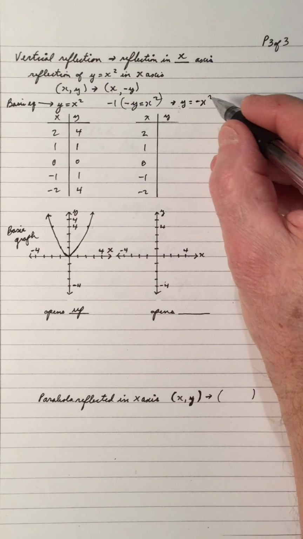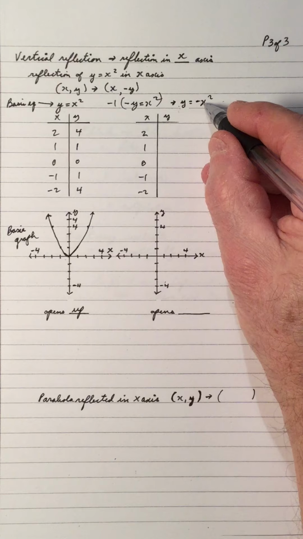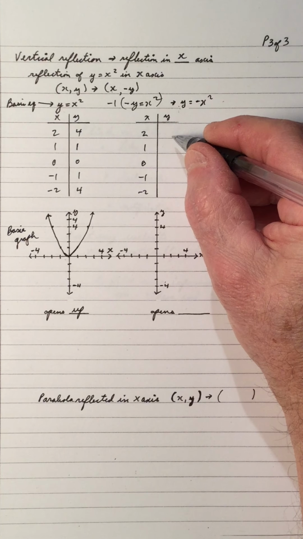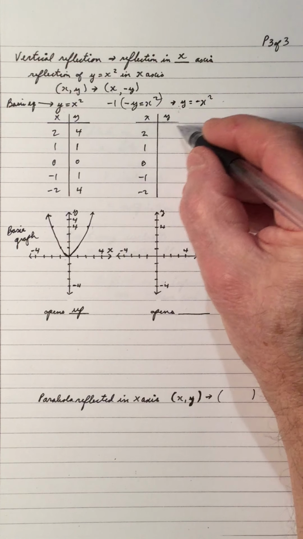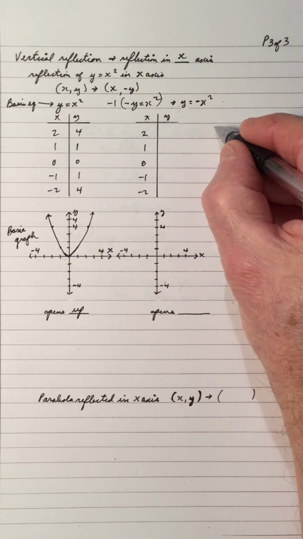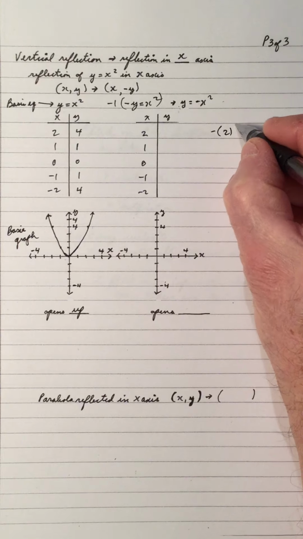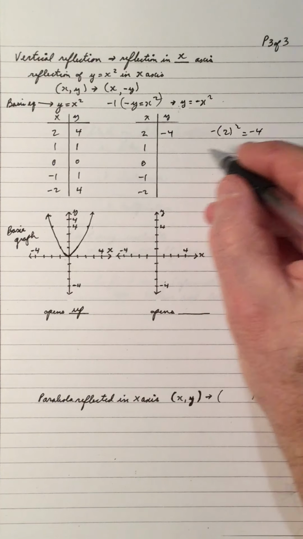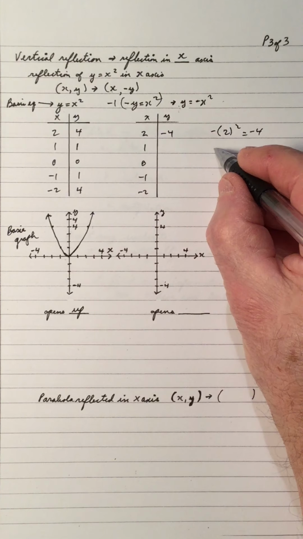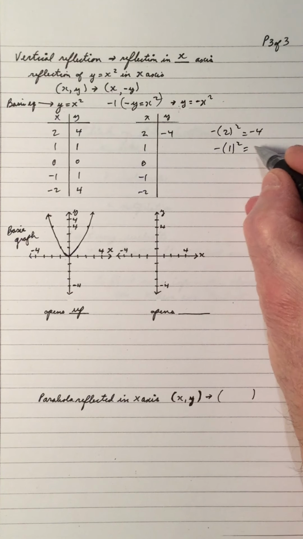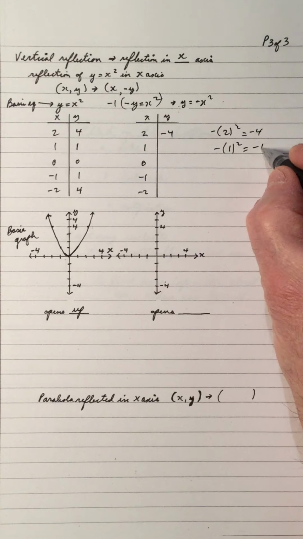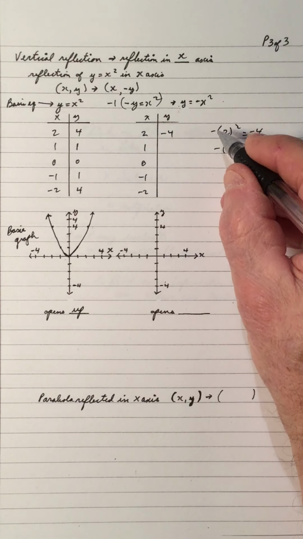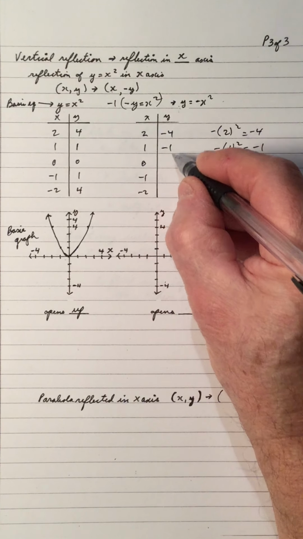If we put a 2 in, we get the negative of 2 squared, which is negative 4. If we put a 1 in for x, we get negative 1. We have to square first and then do the negative. So we get negative 1.